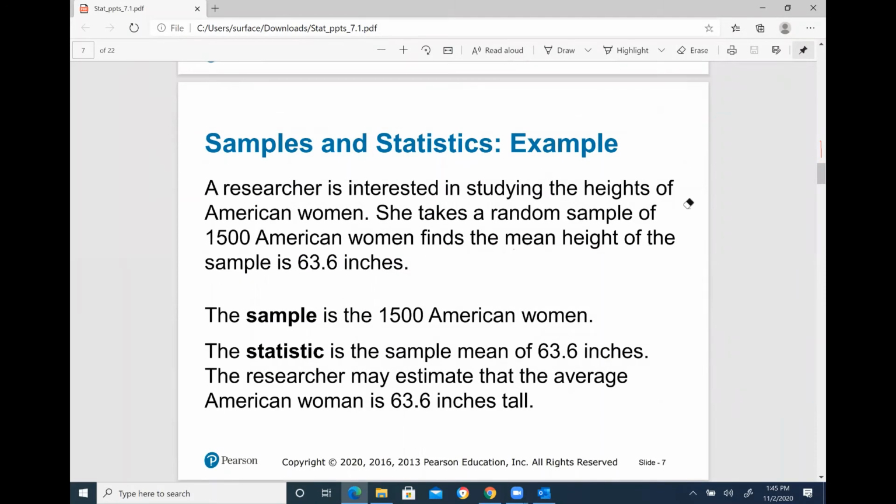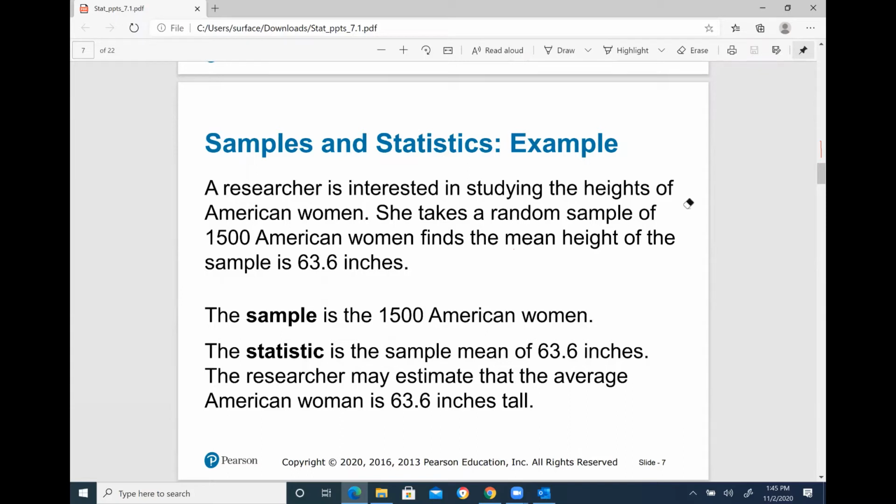So it looks like this section 7.1 is mostly about definitions and how they teach you to identify sample, statistic, population, and parameter, I'm sorry. Following this example, let's read over this. A researcher is interested in studying the heights of American women.